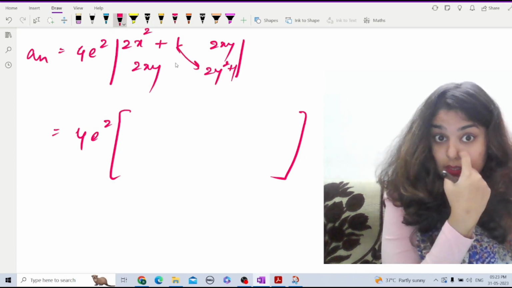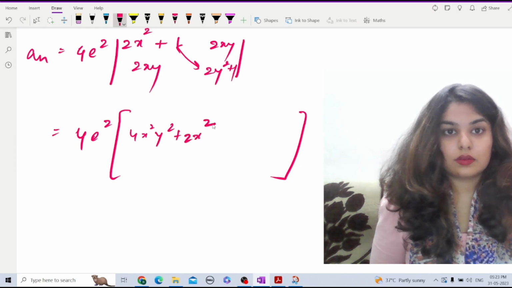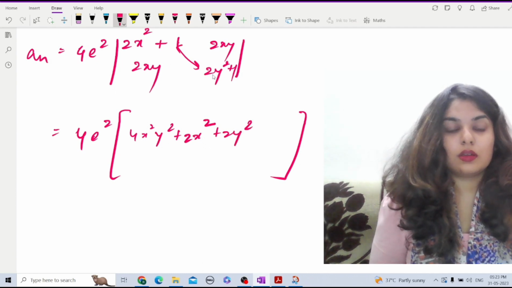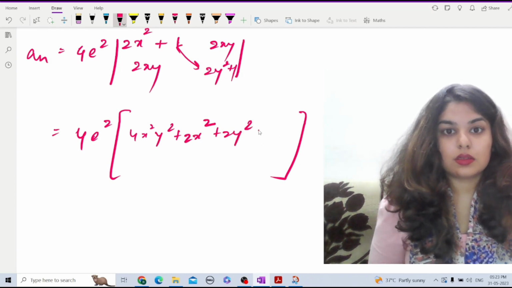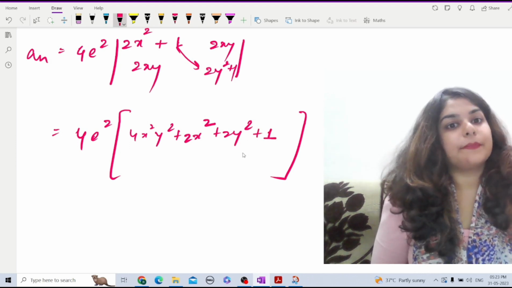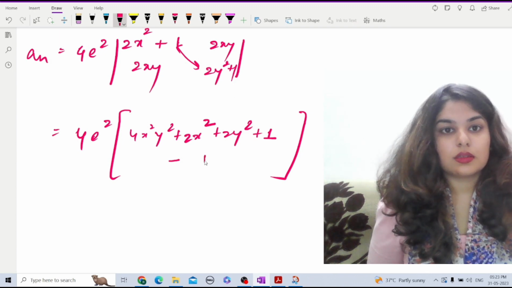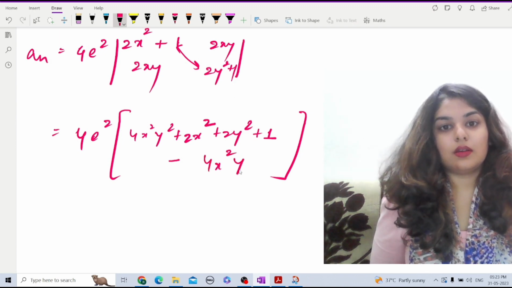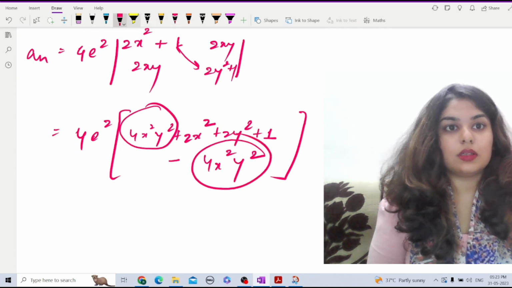So we get 2x square into 2y square, that is 4x square y square. 2x square into 1 is equal to 2x square. And 1 into 2y square is equal to 2y square. And 1 into 1, so that is plus 1. Correct? And here we have minus 4x square y square. Now these two terms get cancelled, plus minus, so let us cancel it.